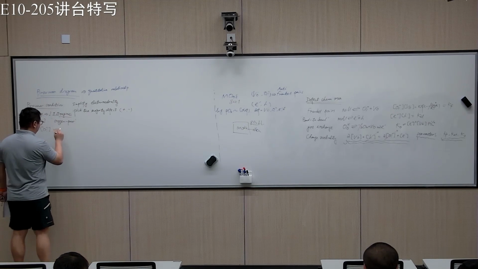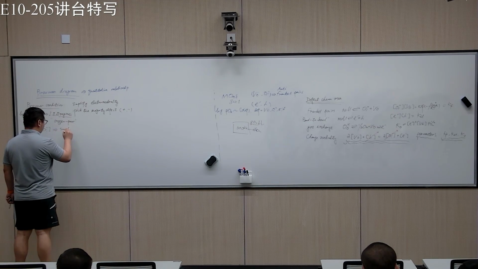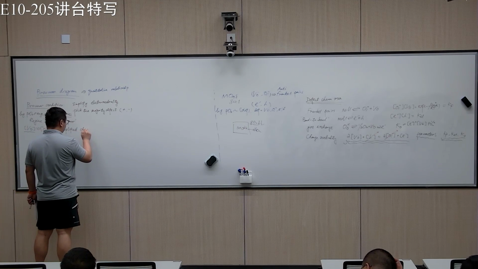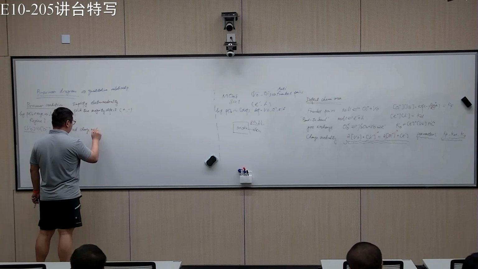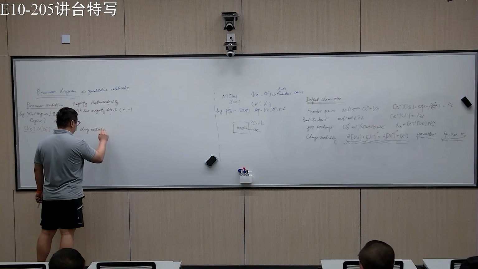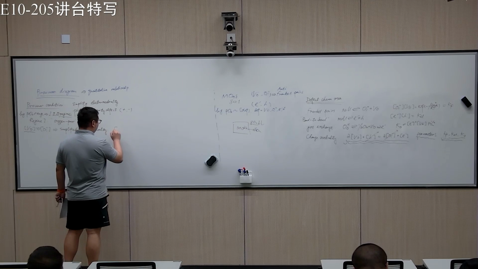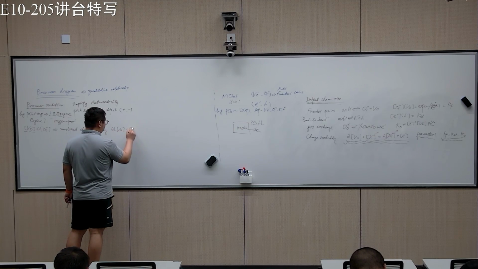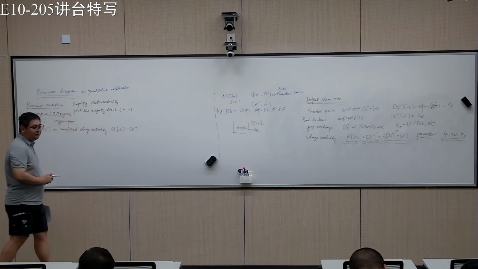The simplified charge neutrality will be: twice the number of oxygen vacancies is basically the number of electrons.